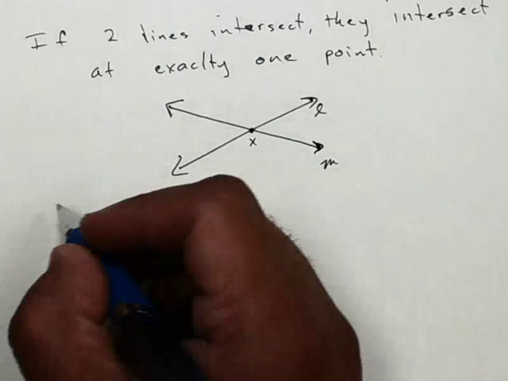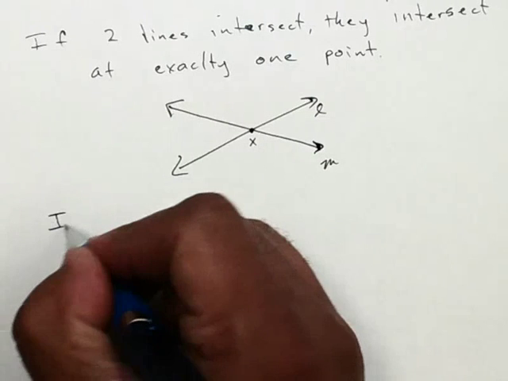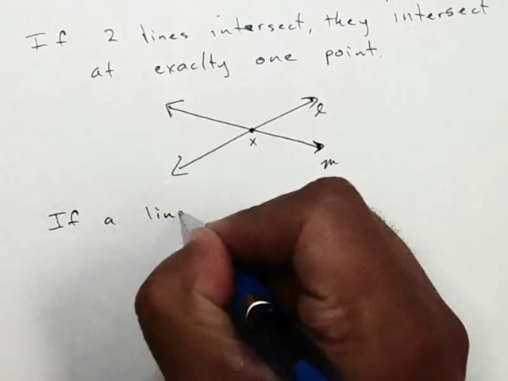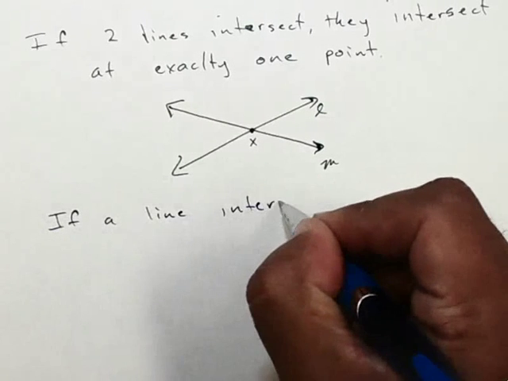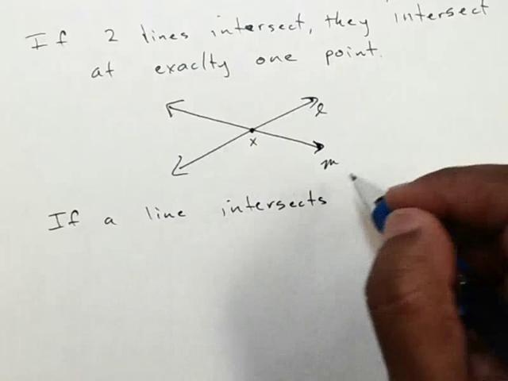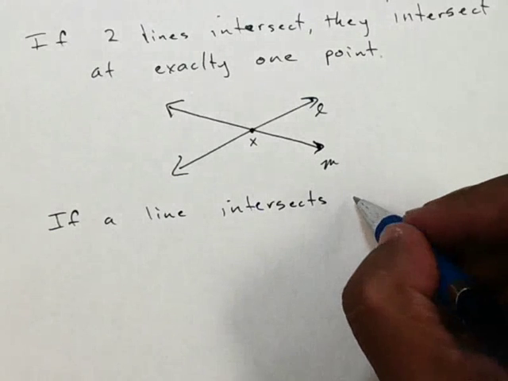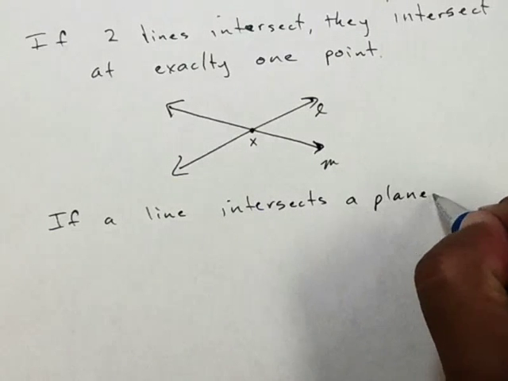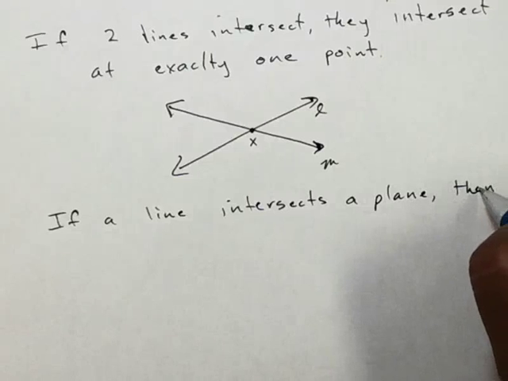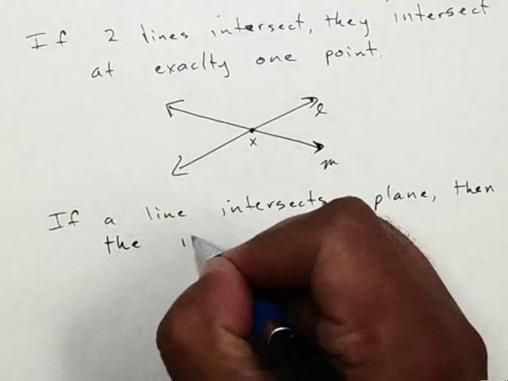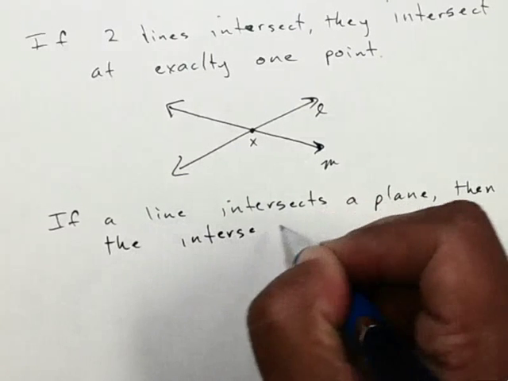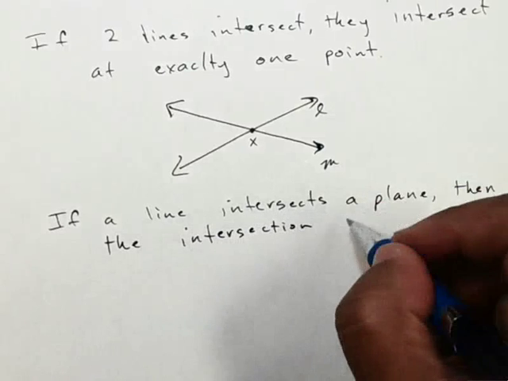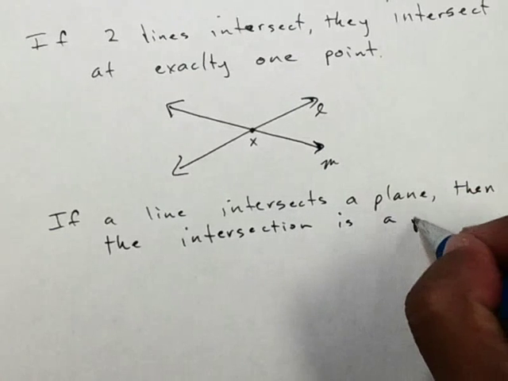Next intersection would be if a line intersects a plane, then the intersection is a point.